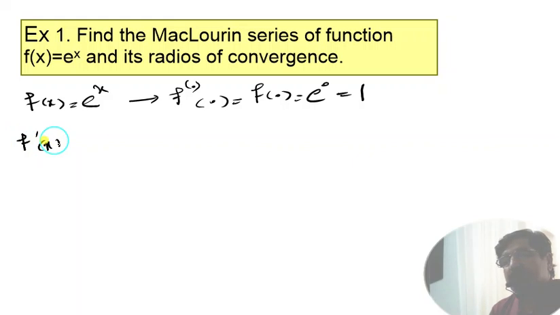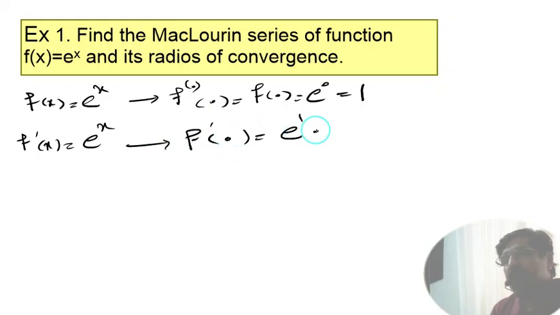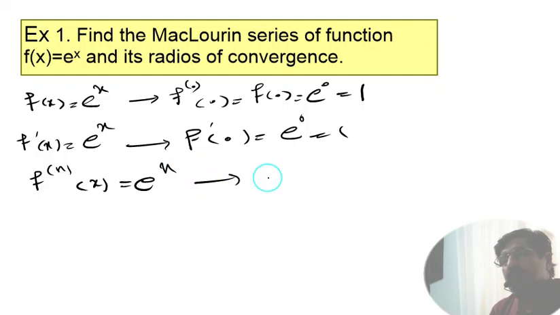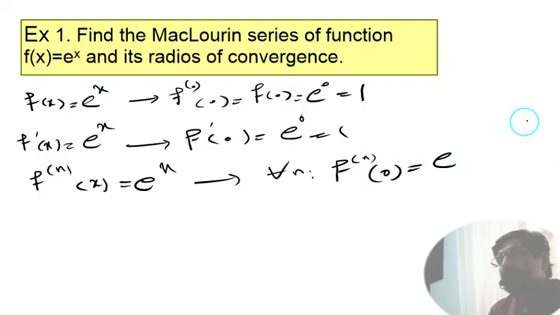f prime of x is also e to the power of x, so f prime at 0 is e to the power of 0, that is 1. We know that the nth derivative of f at x is e to the power of x, so for each n the nth derivative of f at 0 is e to the power of 0, that is 1.